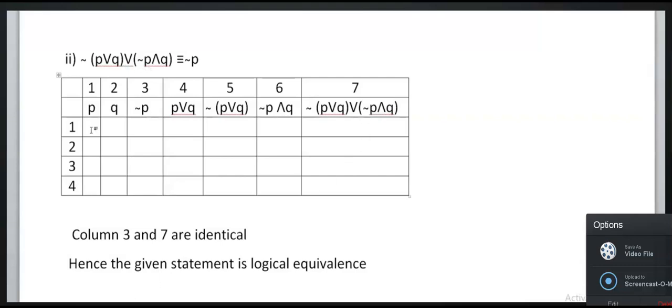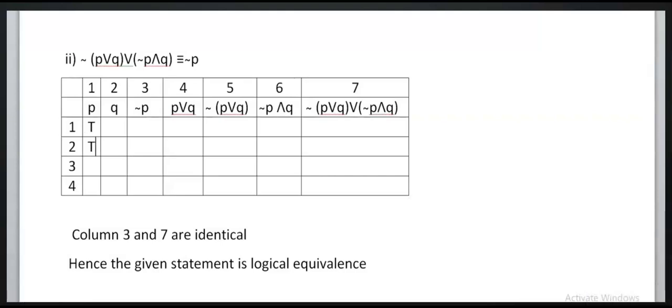Now see this here. P is double T, double F. Q is TF, TF.